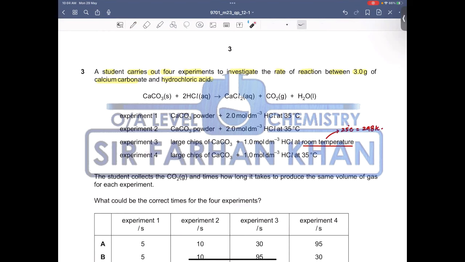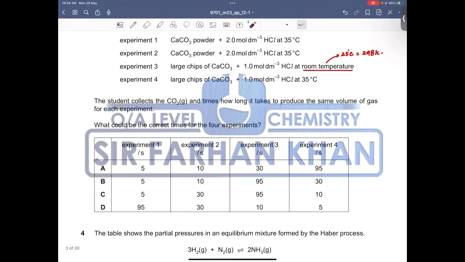So out of 4 experiments, this experiment has the lowest temperature, which means this experiment has the slowest rate of reaction. So this experiment needs more time for the reaction. The experiment 3 needs more time. Either B or C is going to be the correct answer because this will give you more time.